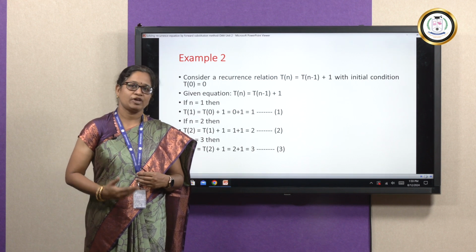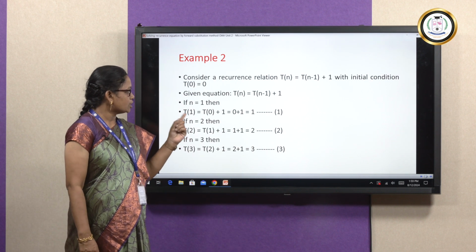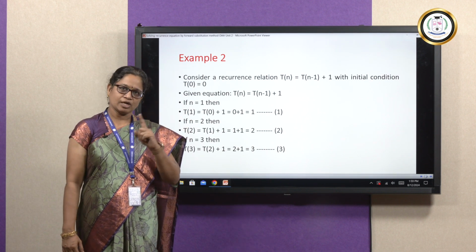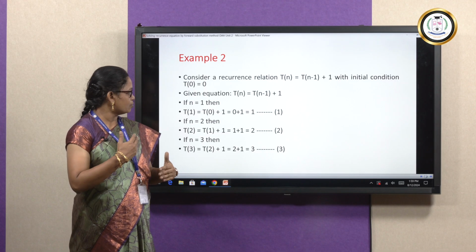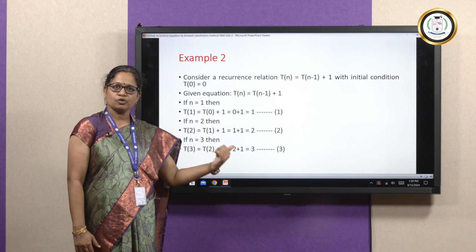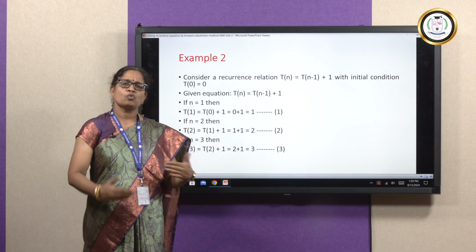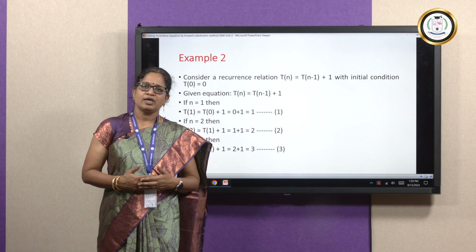What could be T(n)? Observe T(1) = 0 + 1, which is equal to 1, T(2) = 1 + 1, which is equal to 2, and T(3) = 2 + 1, which is equal to 3. What will be T(n)? Absolutely, T(n) will be equal to n.